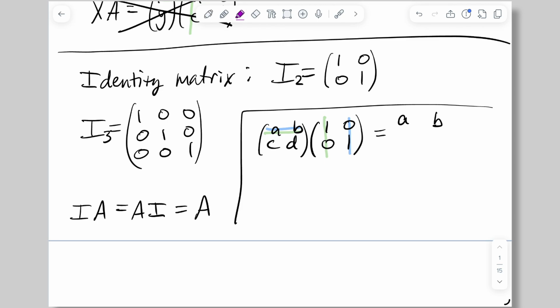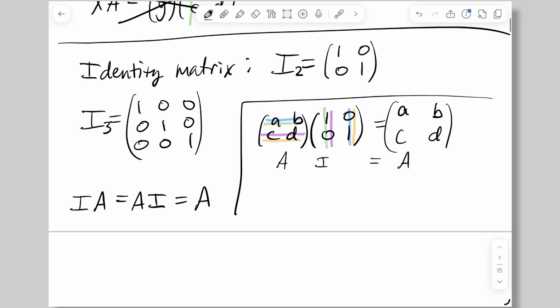Continuing on, multiplying the entries in the bottom row on the left by the first column on the right is going to give us c times 1 plus d times 0. So that's going to give us c. And then the entries of the bottom row multiplied by the entries in the second column on the right is going to give us c times 0 plus d. And you'll see it works whether you write it as A times I or I times A. The result is the matrix that you started with.